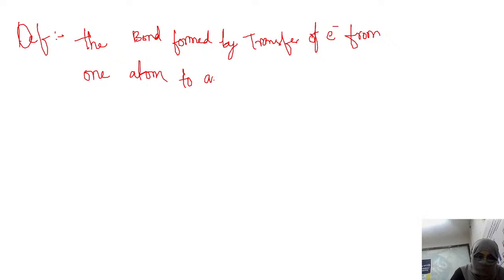You can see that sodium is giving an electron, chlorine is accepting an electron. That's why we can say transfer of electron is occurring from where to where? From one atom to another atom. Let's be specific in writing the name of the atoms.